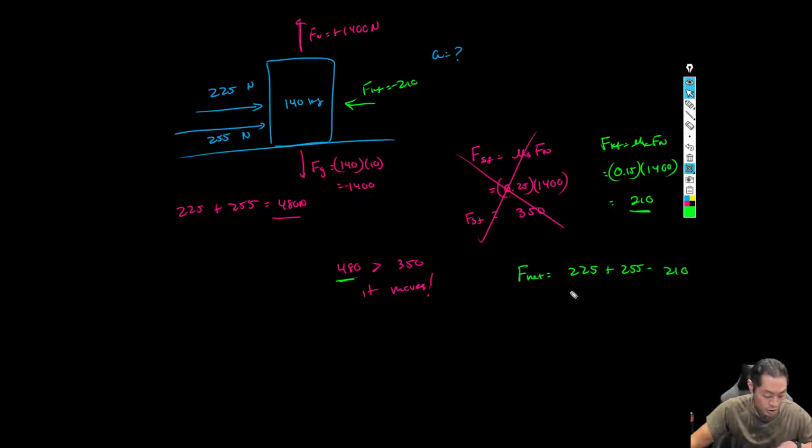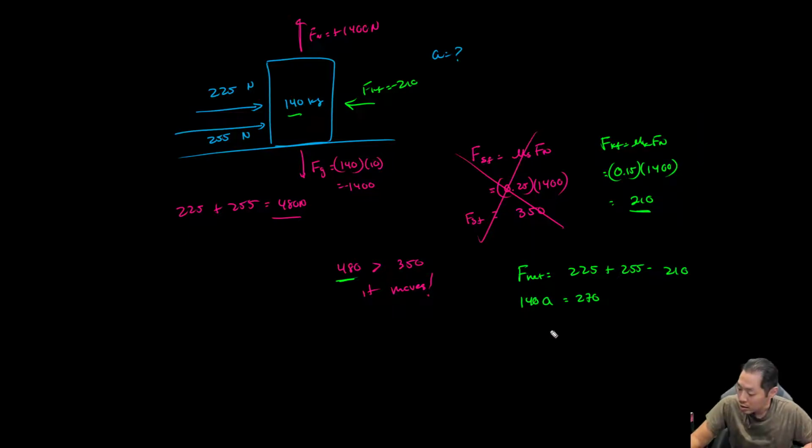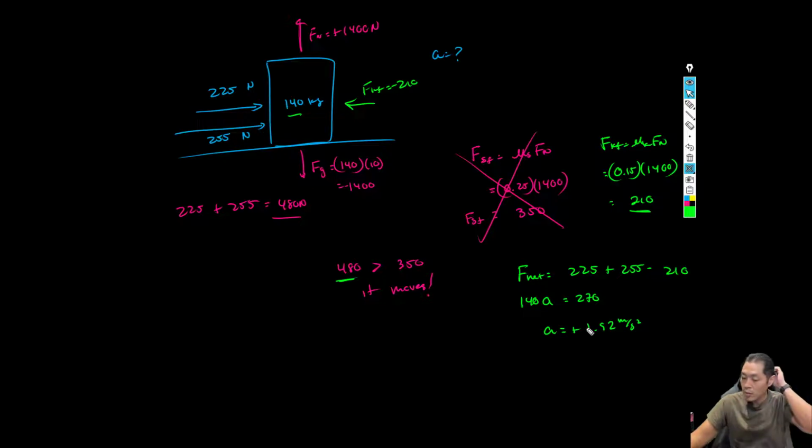I get 270. And you have a times the mass, which is 140. Then 270 divided by 140 should give you 1.92 meters per second squared, positive. So this thing, even with friction, is accelerating to the right at 1.92 meters per second squared.